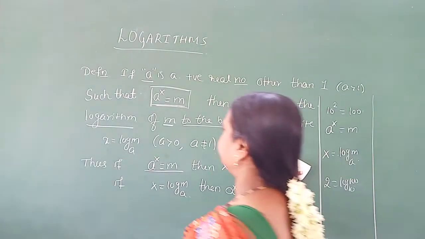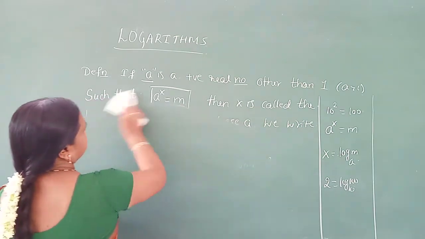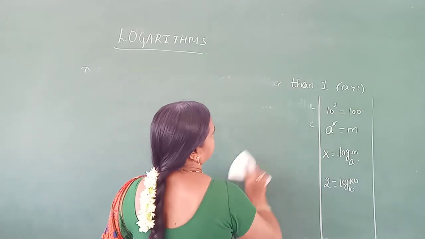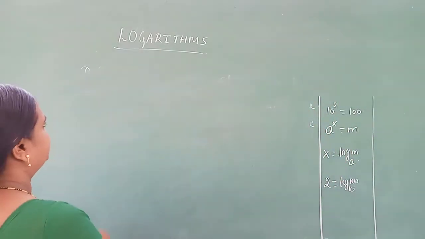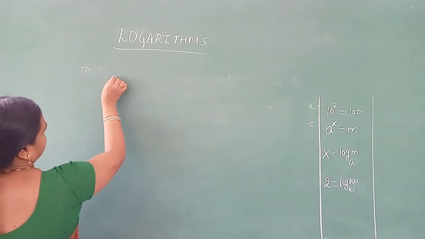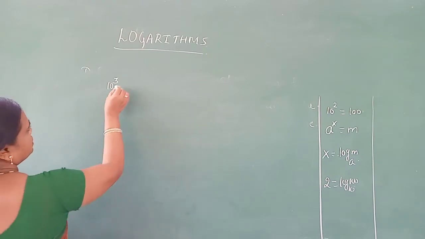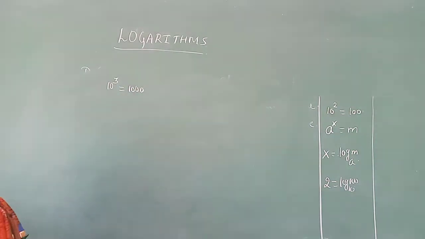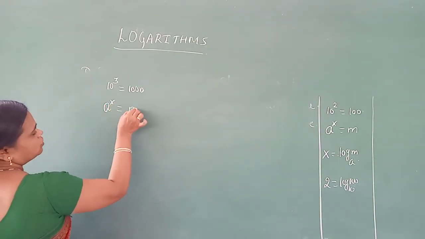Next, we will take another example. Ten to the power 3. We know that 10 to the power 3 is 1000. Correct? It is exactly in the form of a to the power x is equal to m.